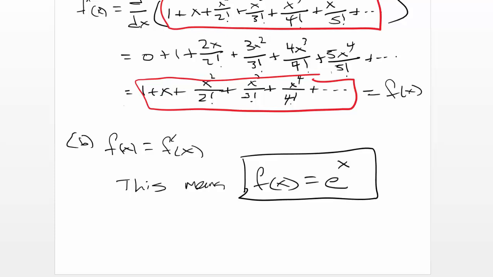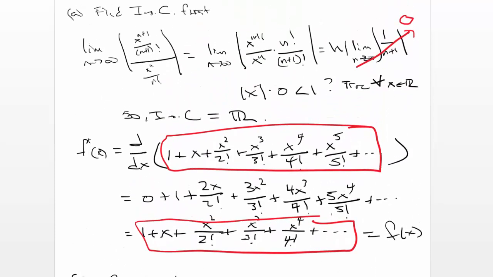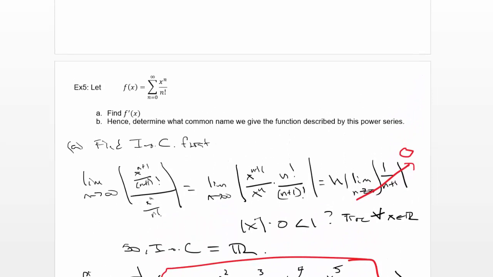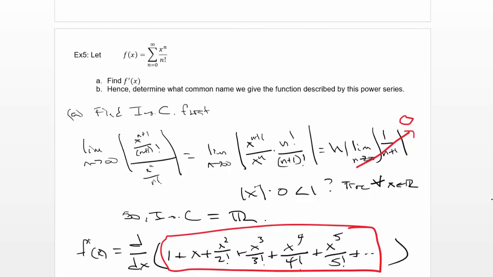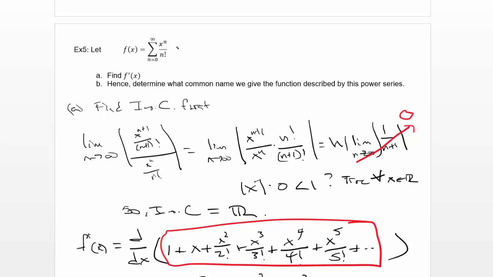What this tells us is that this series is in fact a way to represent the function e to the x, which means this series is not just close to e to the x, this is exactly the same as e to the x.